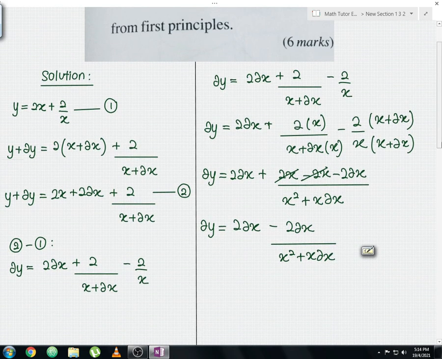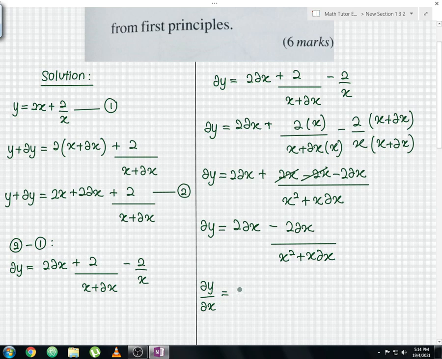For the next step, we're going to divide the whole equation by delta x. So we're going to form the expression on the left hand side, such as delta y over delta x. So it will be equal to, this is our left hand side.